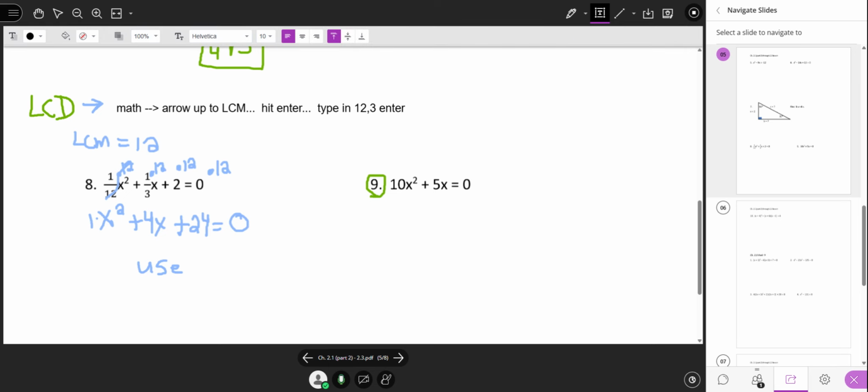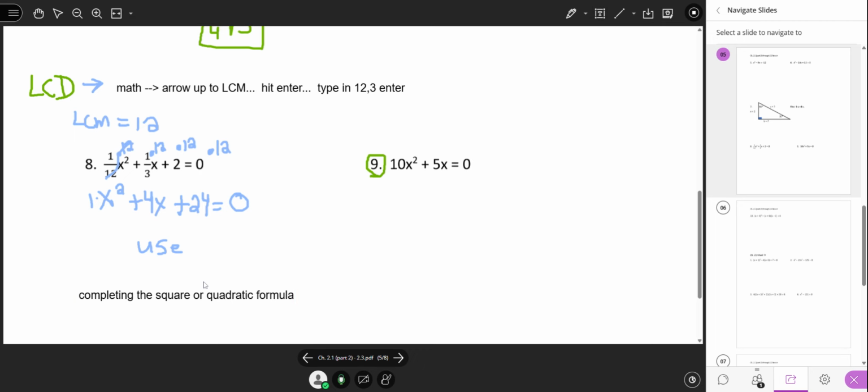This is what I want: use completing the square or quadratic formula. Either one will work, whichever one you're most comfortable with.